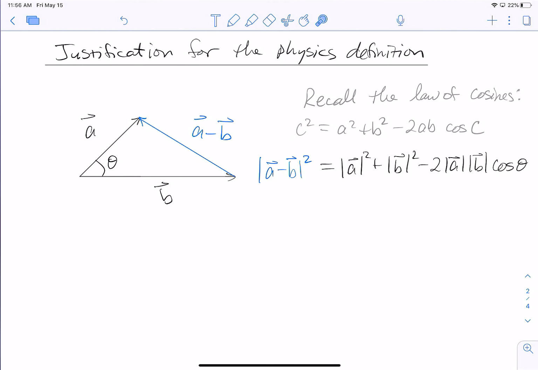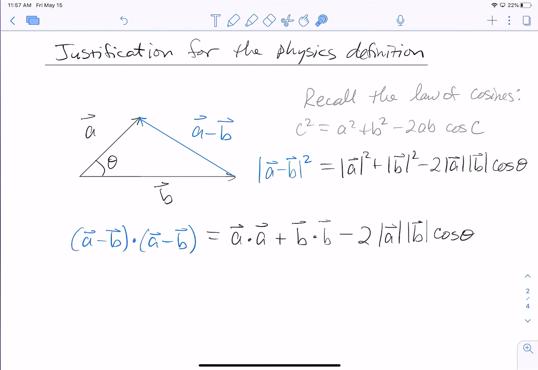Applying that to our figure, we see that the magnitude of a minus b squared is equal to the magnitude of a squared plus the magnitude of b squared minus 2 times the magnitude of a, the magnitude of b, times the cosine of theta. Using some properties of the dot product that we just saw, the left side can be written as a minus b dotted with itself, a minus b, and the right side is then equal to a dot a plus b dot b minus 2 magnitude of a, magnitude of b, cosine theta.